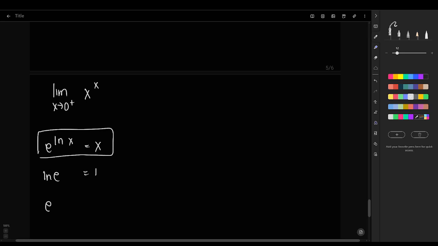Either way, x to the power of x is e to the power of ln of x to the power of x, which is also e to the power of x ln x. So we will apply it here. That is the limit as x approaches 0 of e to the power of x ln x.